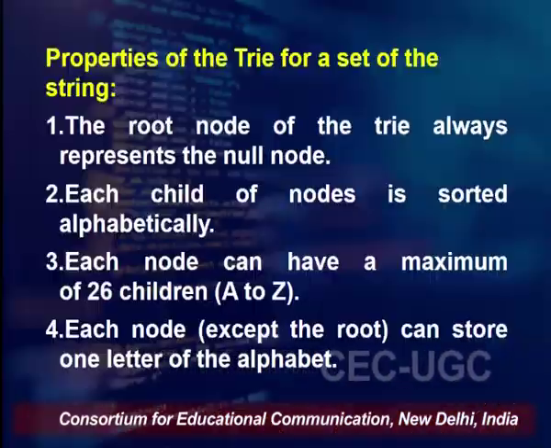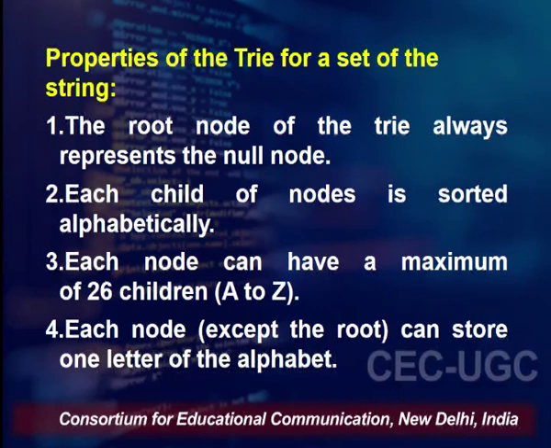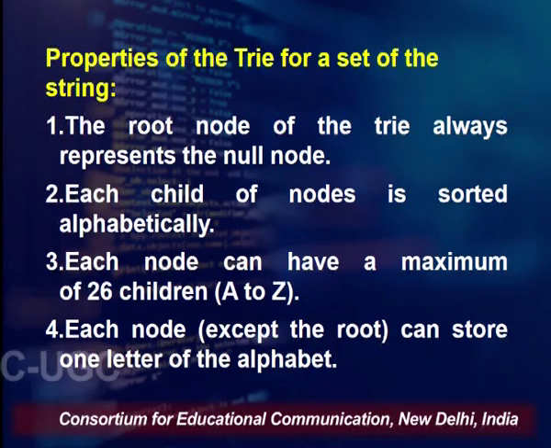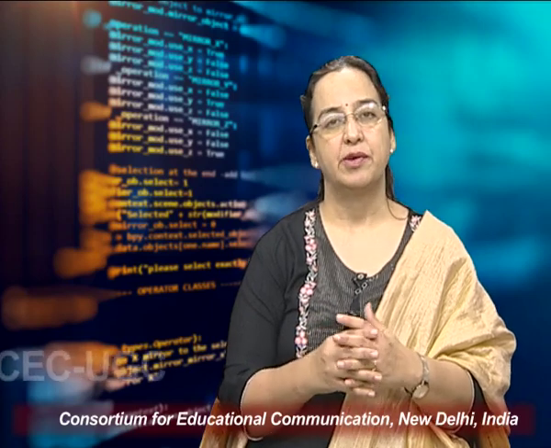Each child of a node is sorted alphabetically, which we have already established. Each node can have a maximum of 26 children, which equals the size of the alphabet, and each node except the root can store one letter of the alphabet, because the root is going to be empty and it will store the empty string.